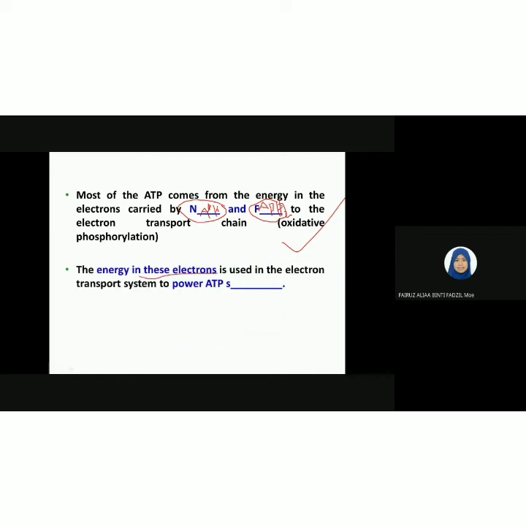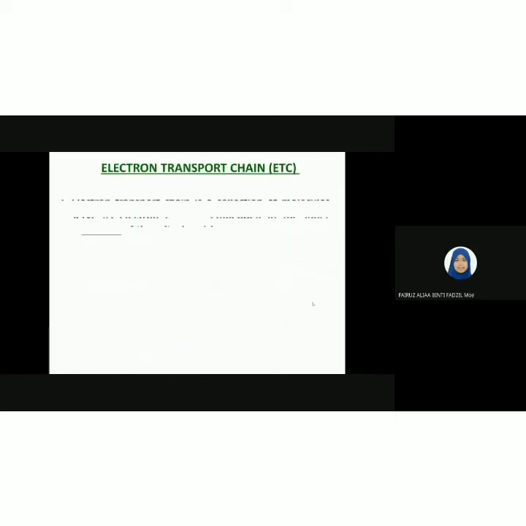Then the energy in these electrons is used in the electron transport system to power ATP synthesis. Correct.